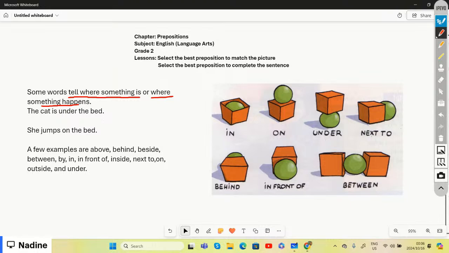But now, an example is the cat is under the bed. So now the question is, where is the cat? And we can say the cat is under the bed. So under tells us where the cat is.